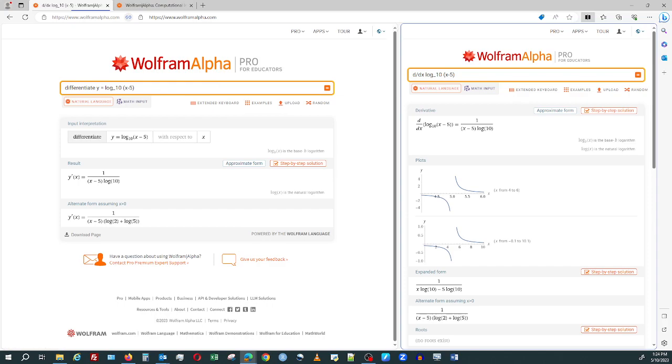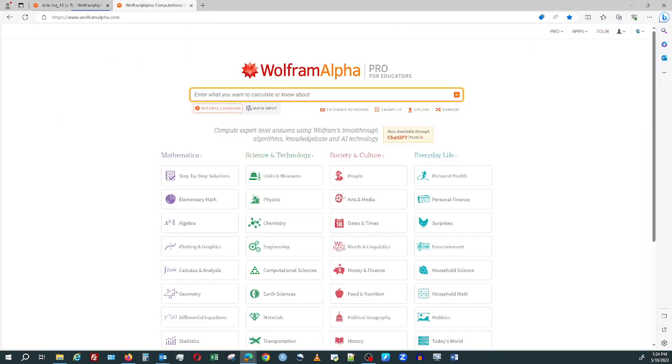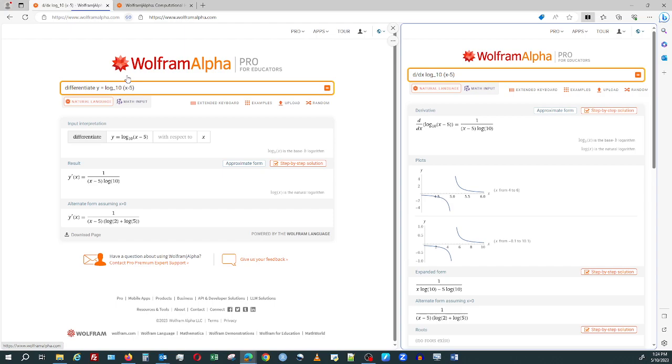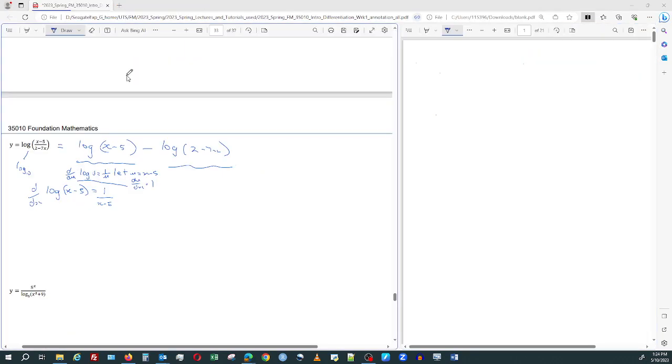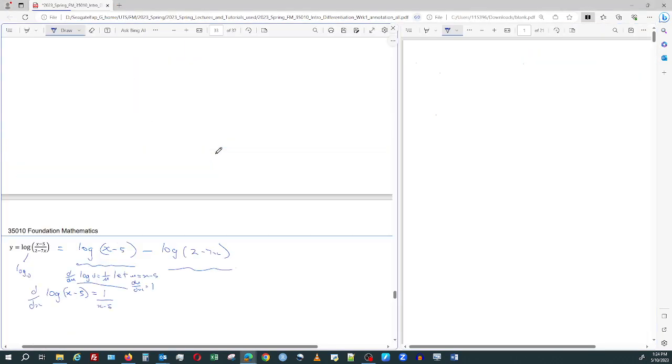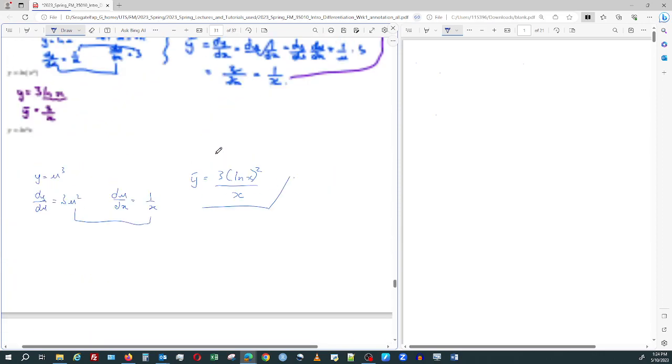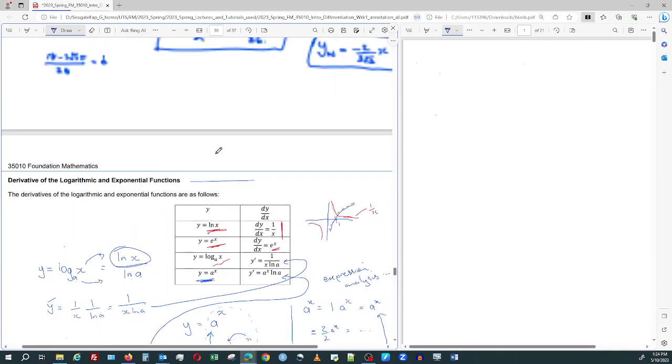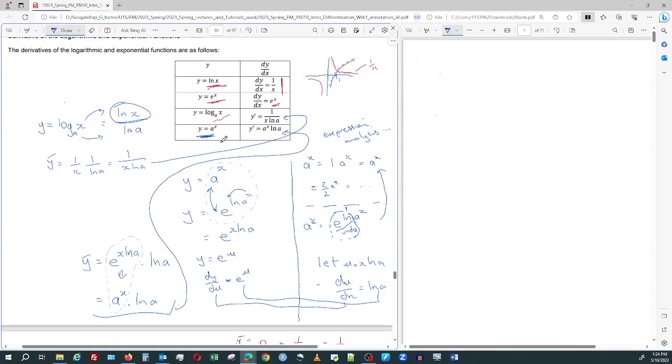So when we were doing our log base 10, what we needed to do was go back up and check our table, our definition. So log base 10, look at this, it's 1 over x with the ln of a.